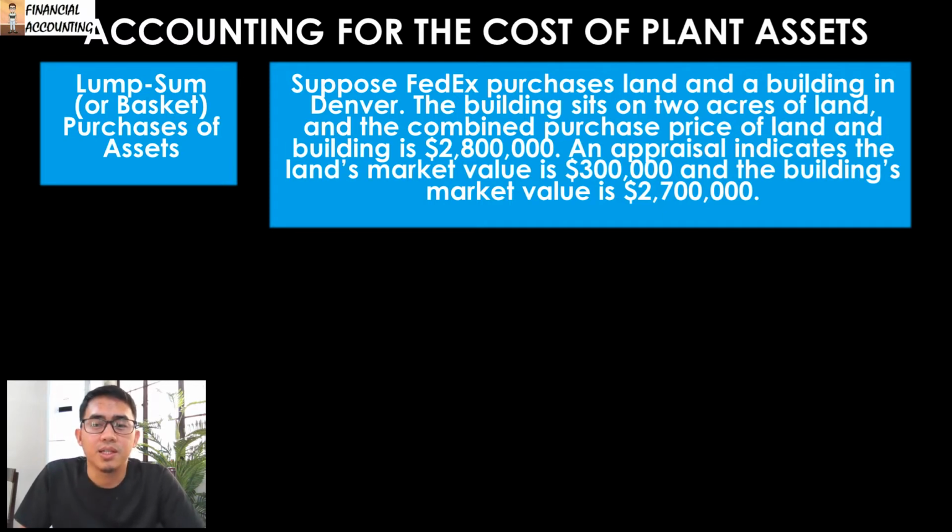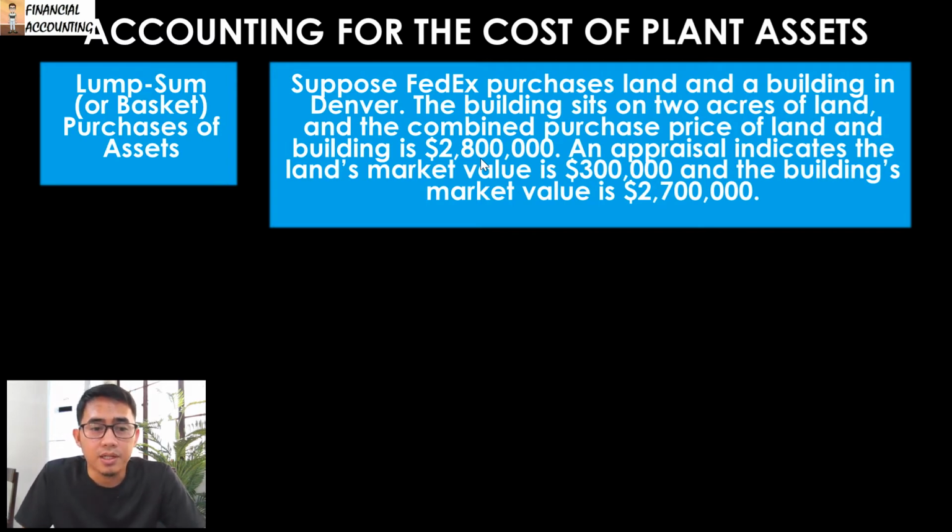So in this example, the appraisal indicates that the land's market value is 300,000 and the building's market value is 2.7 million, meaning if you combine this, that should be 3 million, but your purchase price is only 2.8 million. So as I've said a while ago, land does not depreciate while the building depreciates.